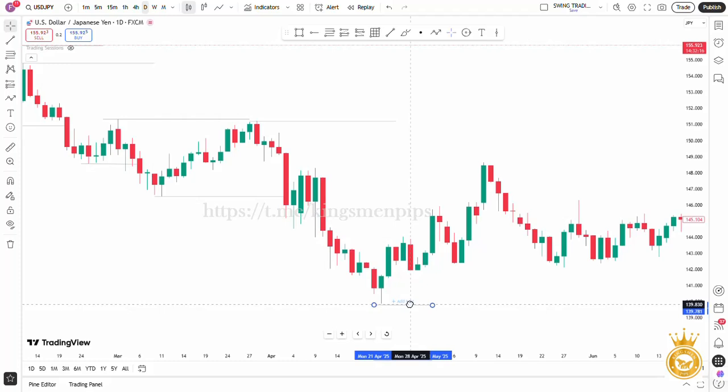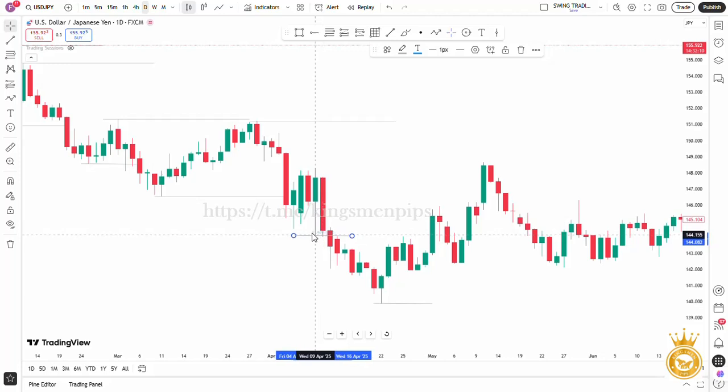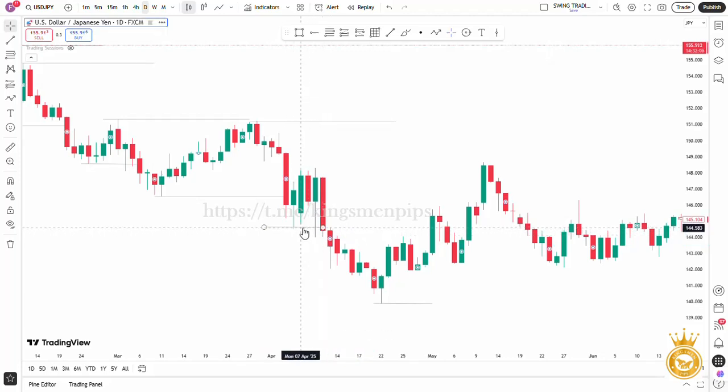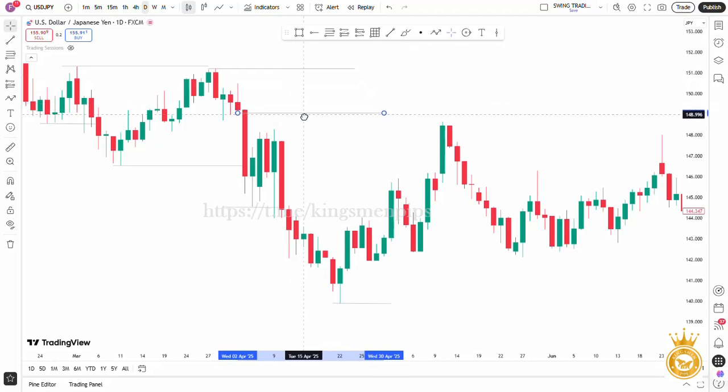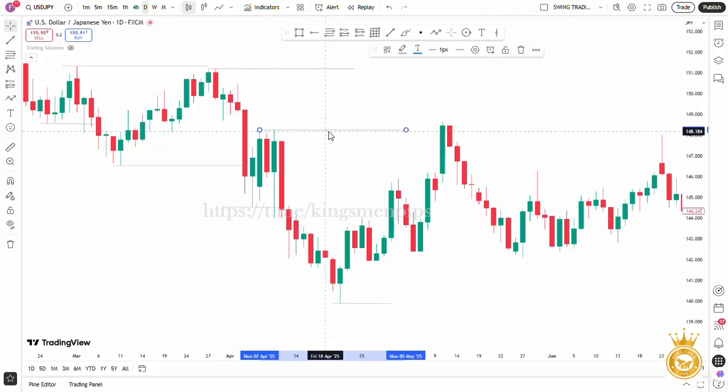It's obvious that it's a high. So this is high. Let's try and take this to the back. So this is it. Let's use this green. Yeah, so this is the high.